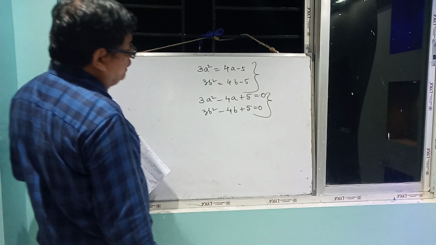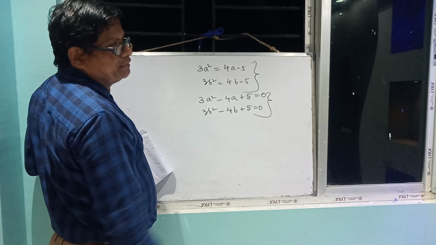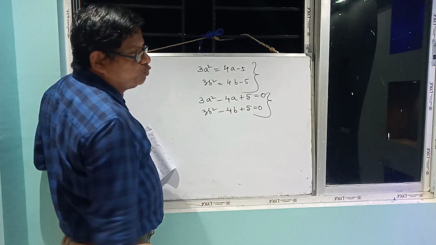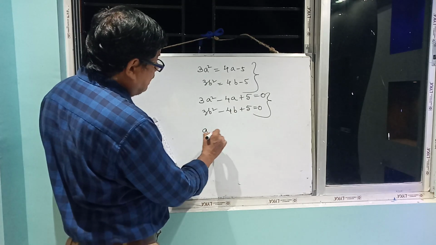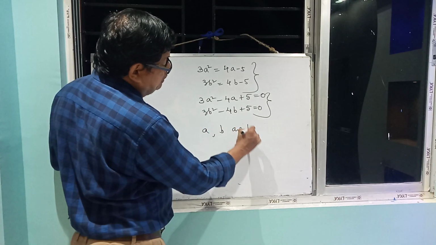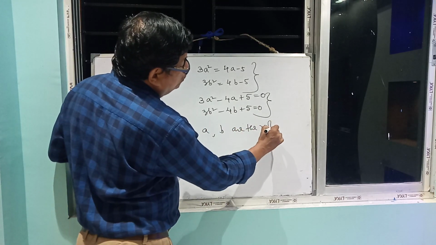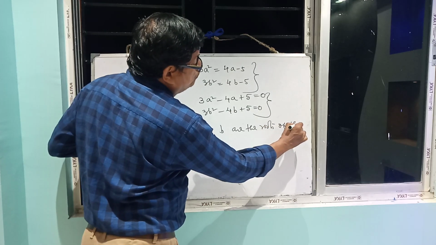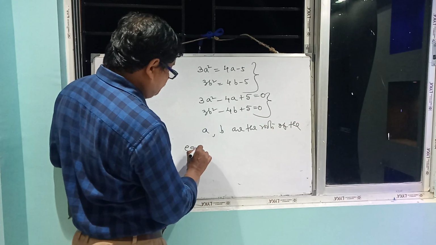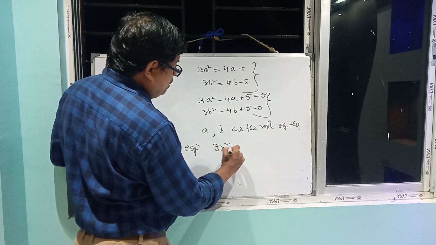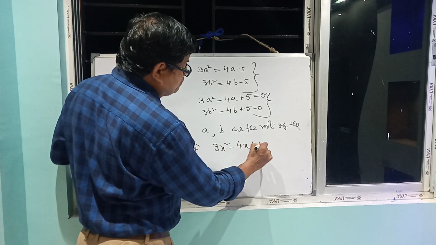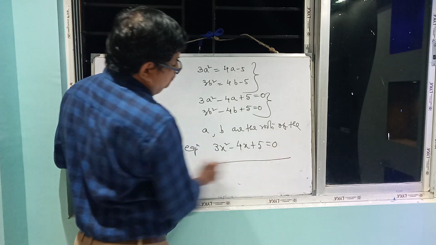Okay, so clearly from these two relations you can write that a and b are the roots of the equation 3x square minus 4x plus 5 equal to 0.